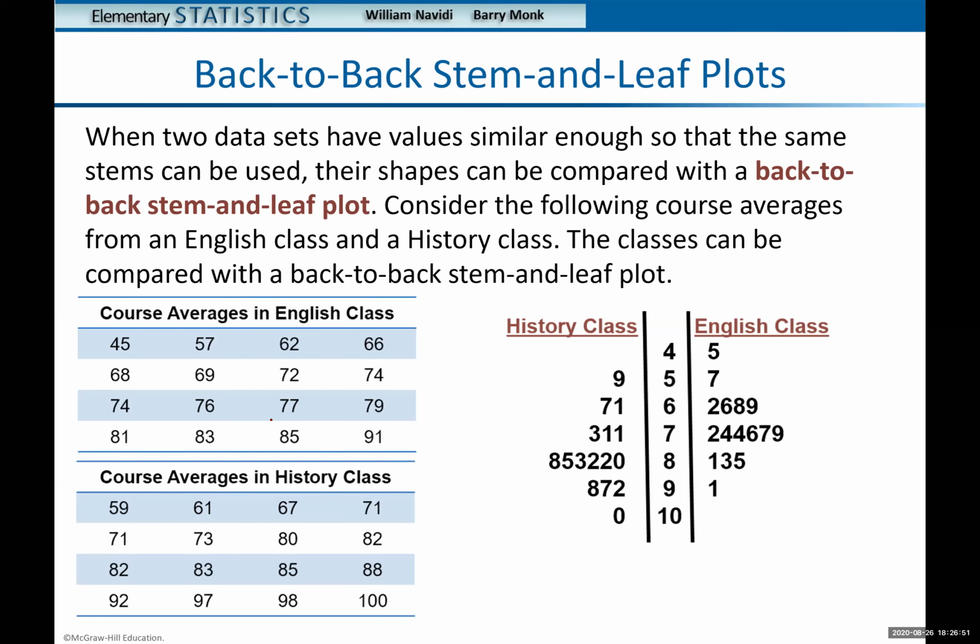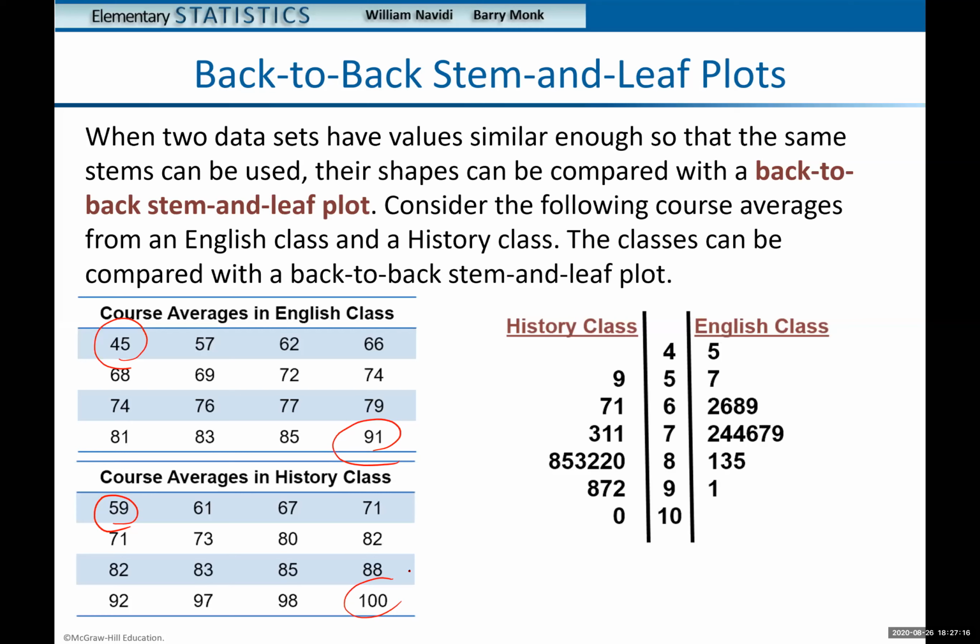Then the classes can be compared with a back-to-back stem and leaf plot. So like this one for English, lowest is 45 and highest is 91. It looks like it's arranged in order. For history, lowest is 59, highest is 100. The grades are arranged in order.